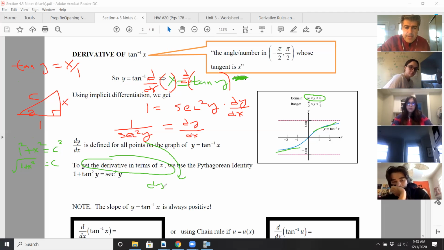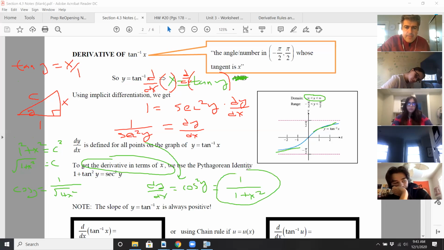So dy over dx is cosine squared y, right? Because secant is 1 over cosine, so you flip it. And cosine here, of course, is 1 over c, or cosine y is 1 over root 1 plus x squared. But since you're squaring it, it's 1 over 1 plus x squared.